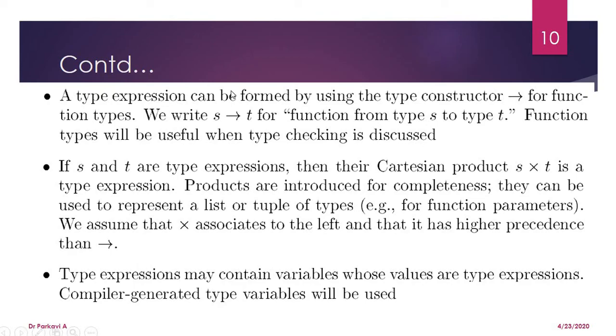The type expression can also be written in terms of a function S to T, that is, a function from type S to type T. Any other expression derived from the Cartesian product S into T is also again a type expression.